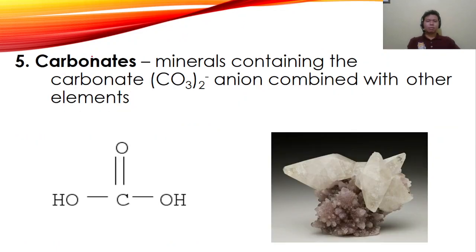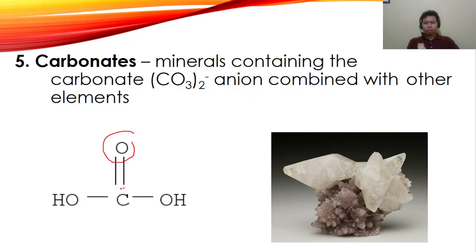Next, we have the carbonates. When we say carbonates, these are minerals containing the carbonate group, meaning they contain carbon and oxygen elements, including hydrogen. But the main interacting elements here are carbon and oxygen.